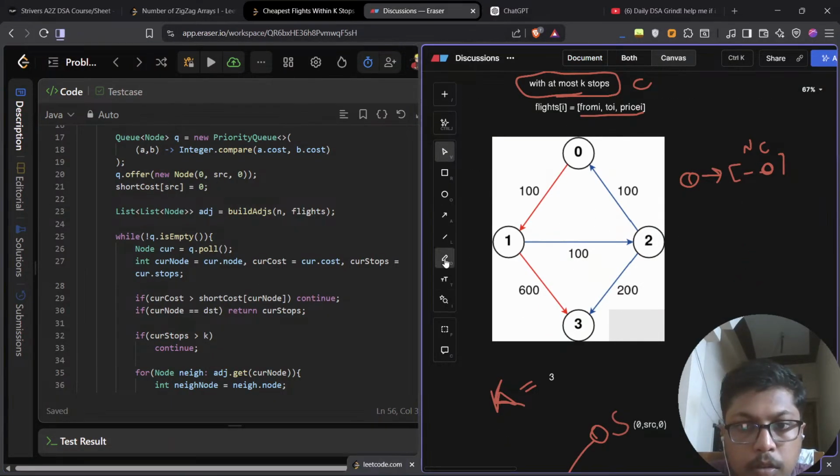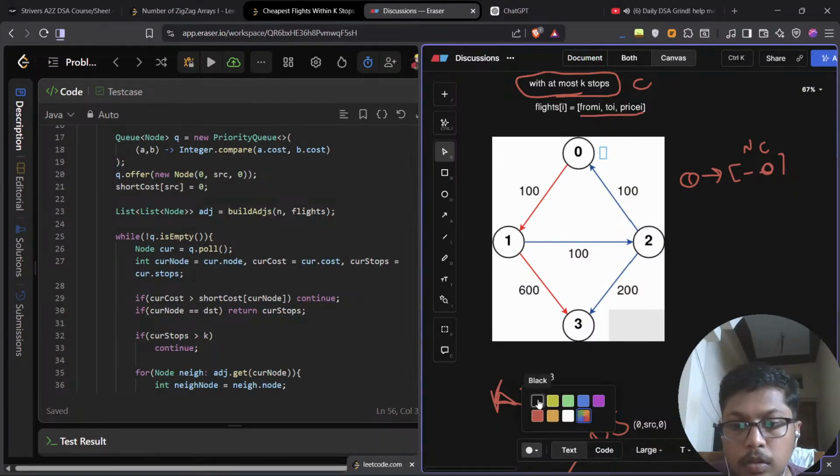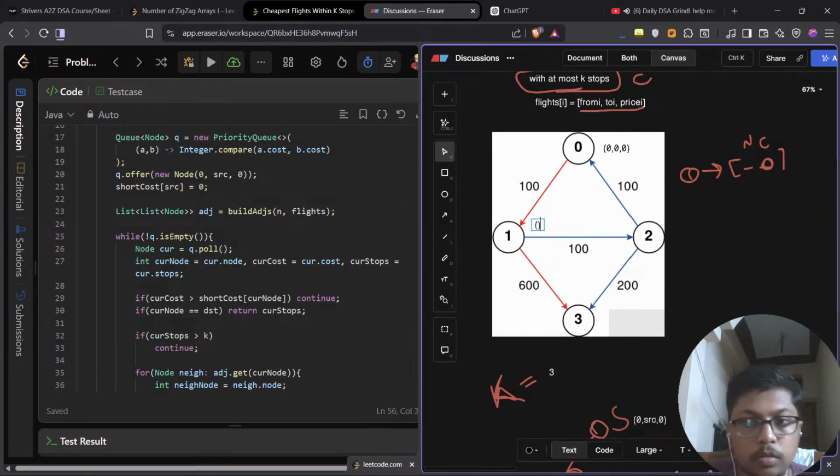I would try to store something like 0, 0, 0 and 0, right? I will try to do only one path example. I will go here and say, in the queue, I will try to put this into the queue. The first thing would be the price, cost, it would be 100.